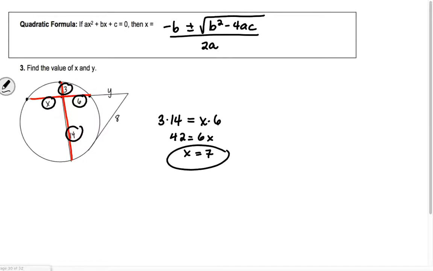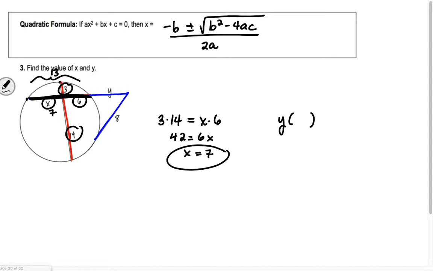So we got that right away. Now we got to do the outside times whole thing. So how do I set up this equation? Yeah, because we know that's 7, so we could use that. So this whole thing is 13. So we have outside is y times the whole.